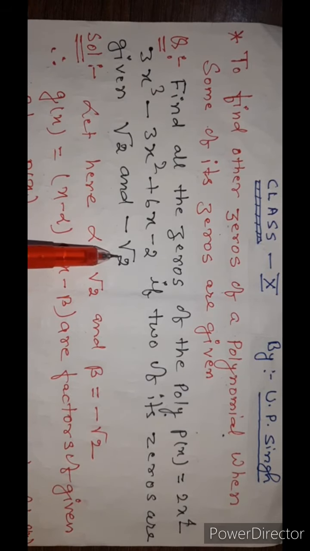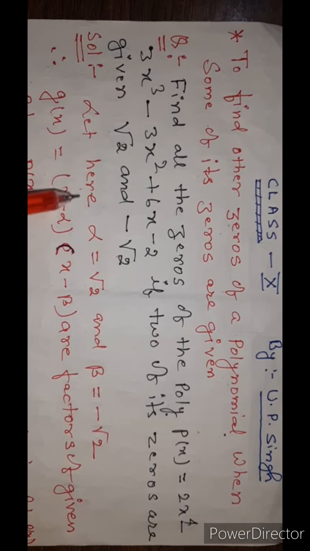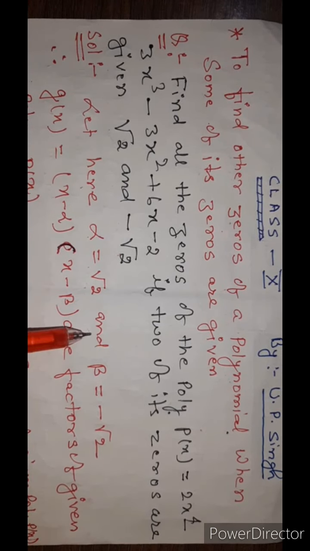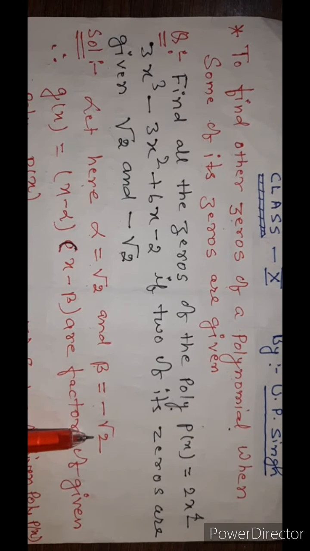So look at how can you do this. First of all, let alpha is equal to root 2 and beta is equal to minus root 2.